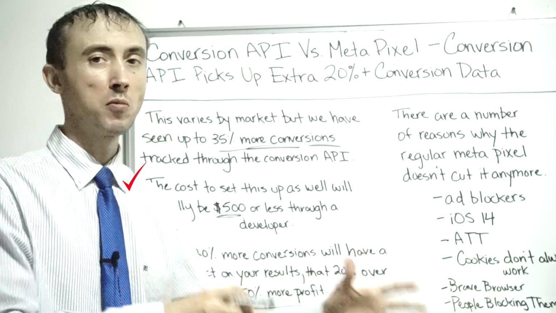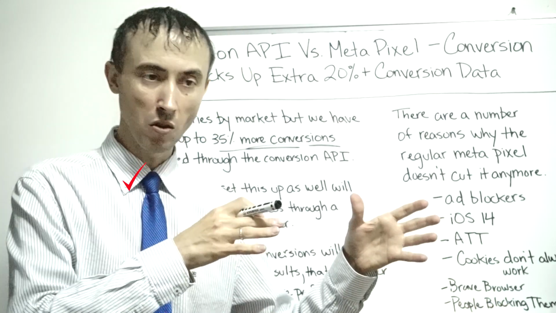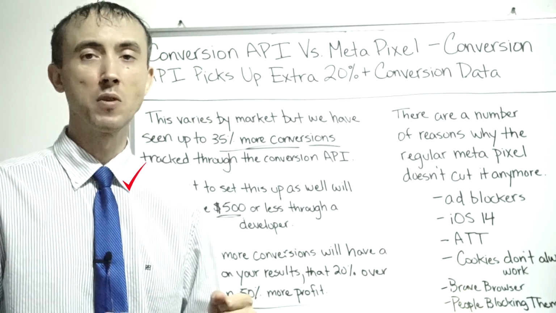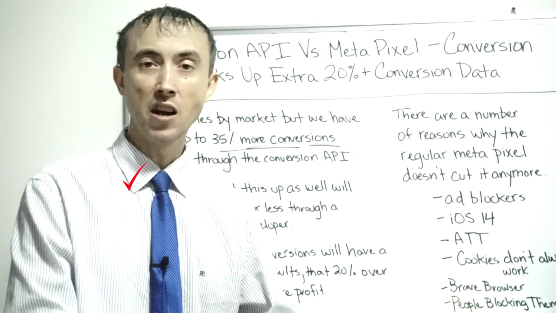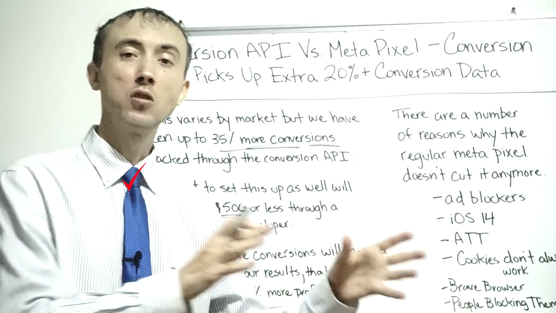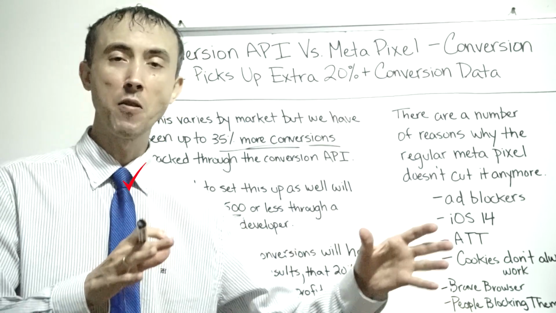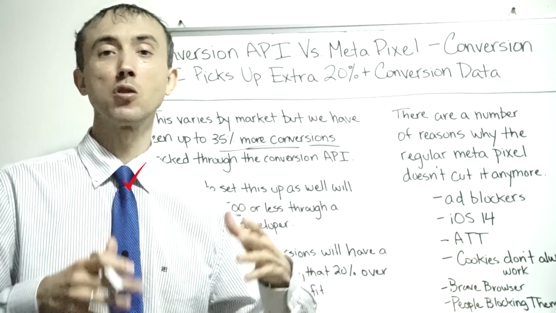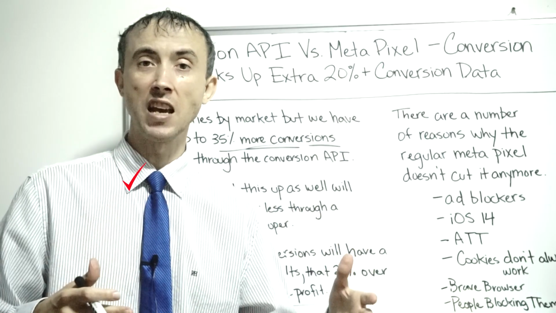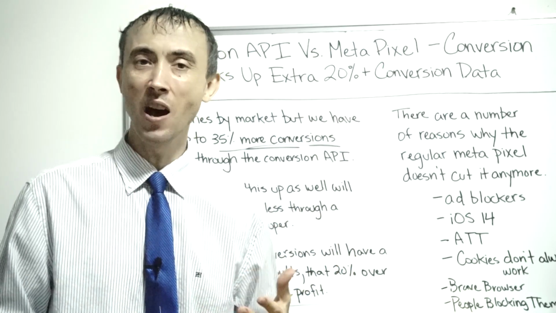You want the maximum amount of data going into your account so the algorithm can most accurately understand what to do for you. The more data they have, the better they can work. And if there are holes in the data, it will make mistakes as well.